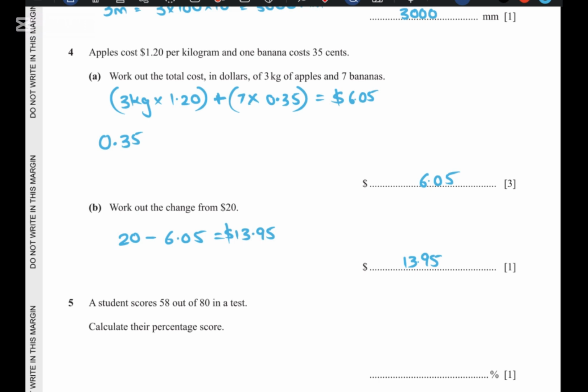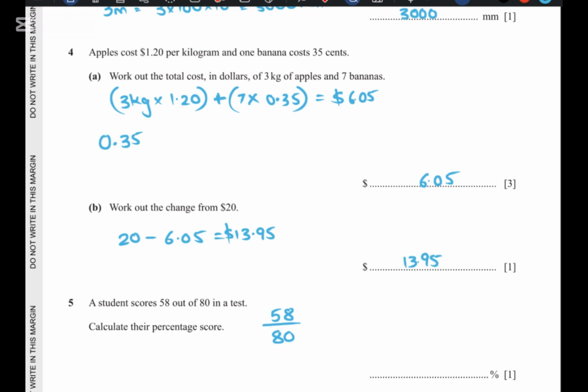Question number 5. A student scores 58 out of 80 in a test. Calculate their percentage score. So to find the percentage, always take the number out of the total. It can be written in the form of a fraction. The scored number is 58 and the denominator should be the total mark, that is 80.